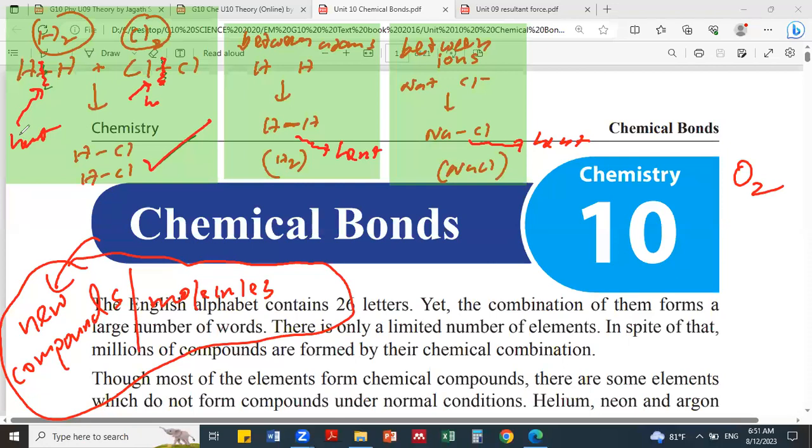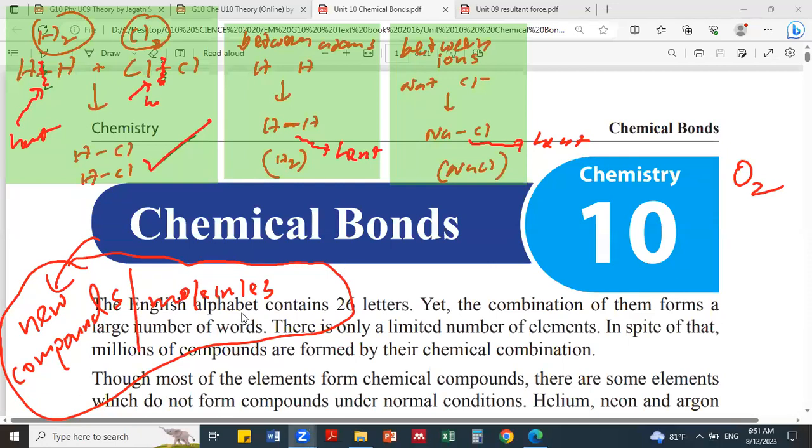You are also like that. When you are staying alone, you are unstable, right? But when you are united, as a group or a team, you are more stable. You have more power. That's why you stay in a family. With your parents, brothers and sisters, you are more stable.